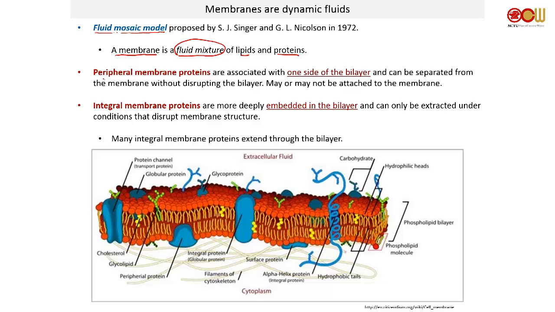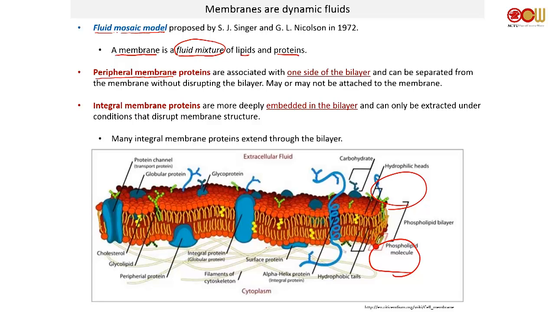Now, here we'll talk about 2 types of membrane proteins. We have the peripheral membrane proteins, which are proteins that are associated with one side of the bilayer. It could be the inside or it could be the outside. These things are just associated with the membrane. They are not in the membrane entirely.